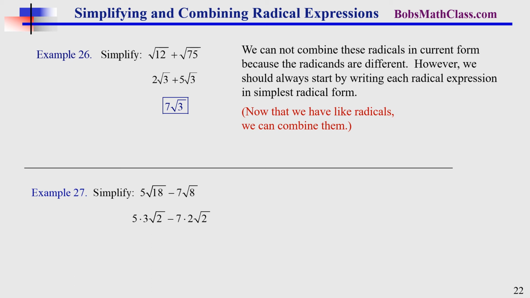Now you're going to multiply the 5 times 3, which is 15, and the 7 times 2, which is 14. And then combine the like radicals. 1 square root 2. Usually we don't write the 1, so just square root 2.